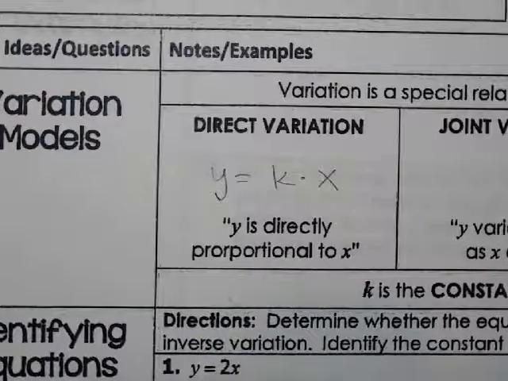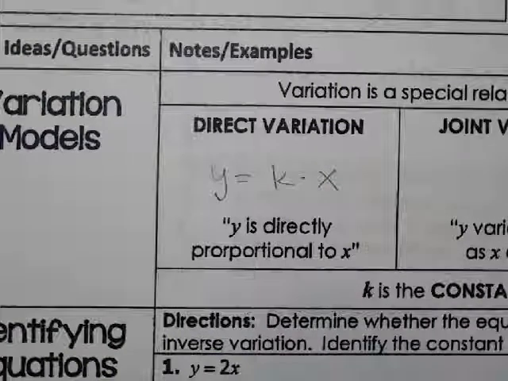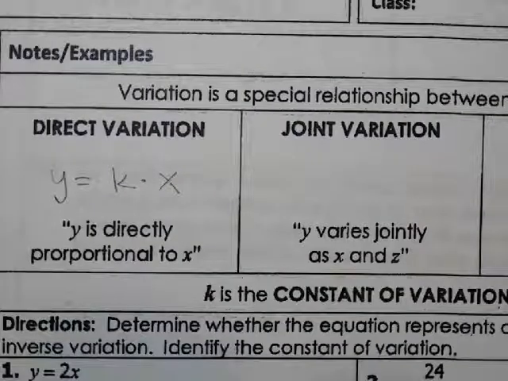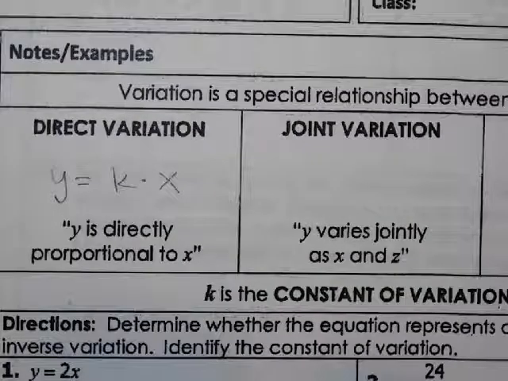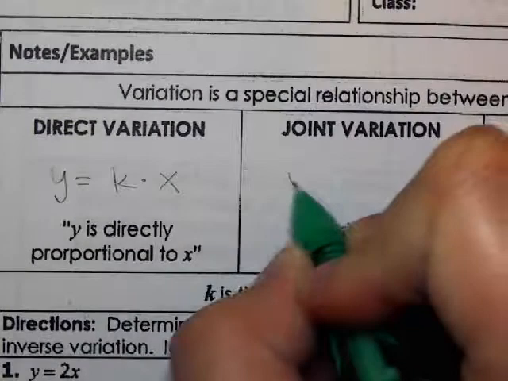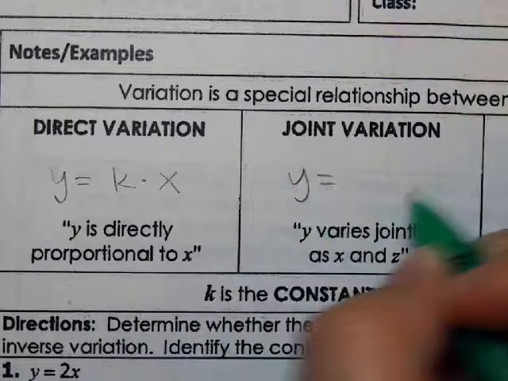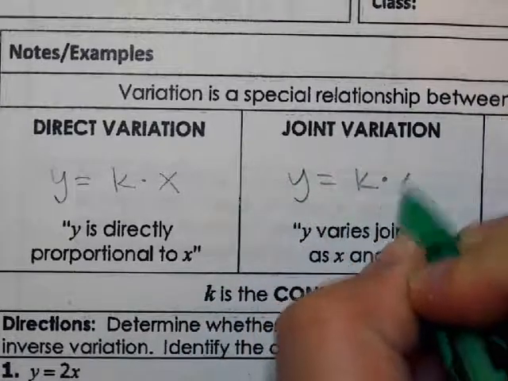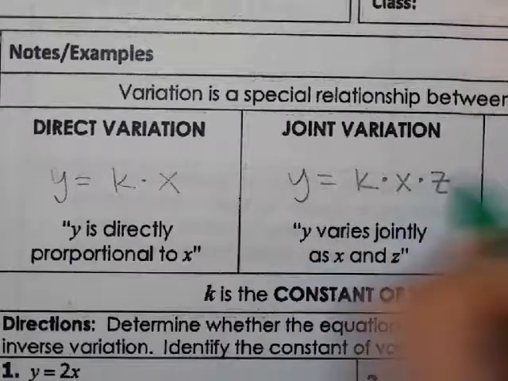So direct variation, y is directly proportional to x. Then we have joint variation. Y varies jointly as x and z, which is y equals k times x times z.